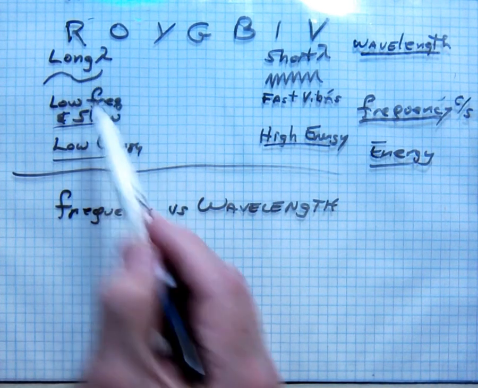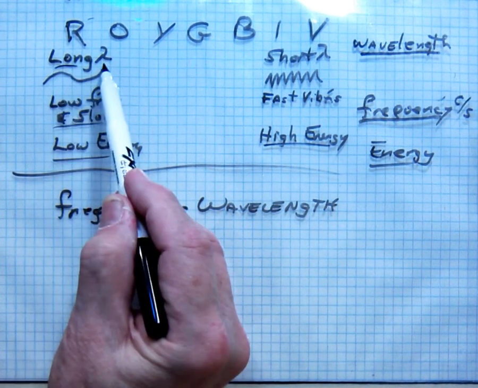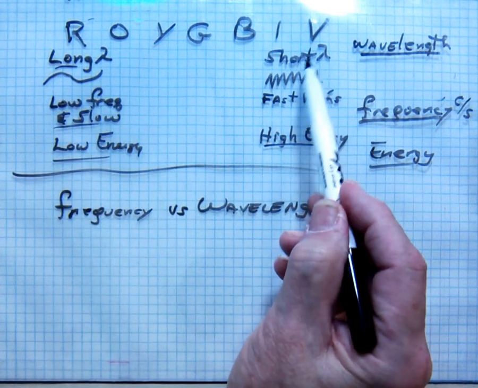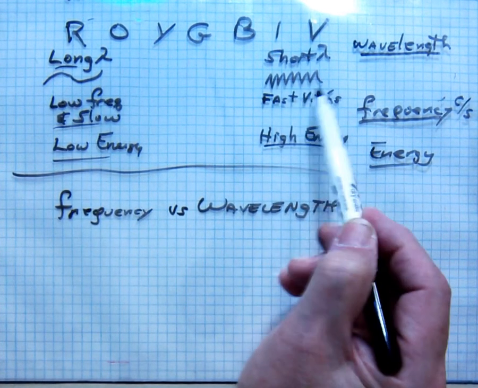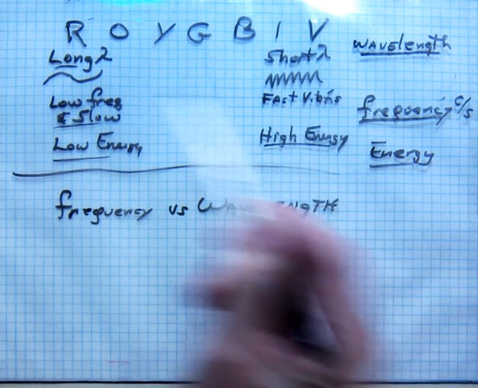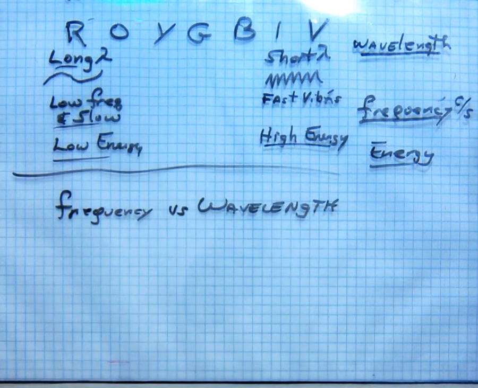We have long wavelengths but low frequencies, or we have short wavelengths but fast vibrations. That translates into an inverse relationship. So as the wavelengths get short, what happens to the frequency? It goes way up. So you decrease wavelength, increase frequency.